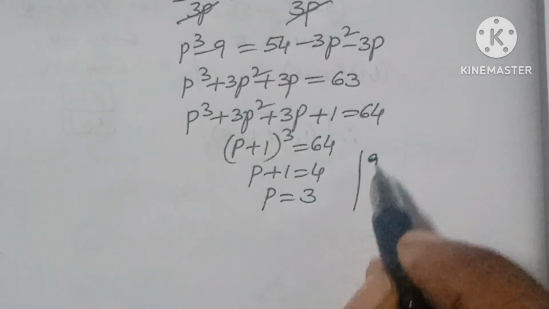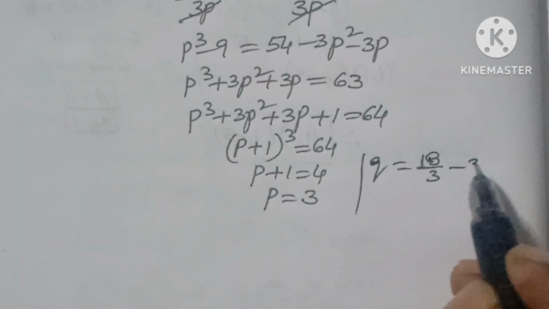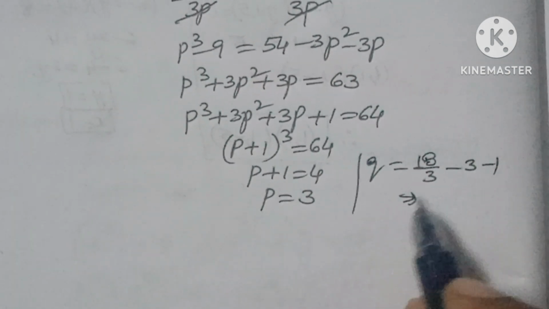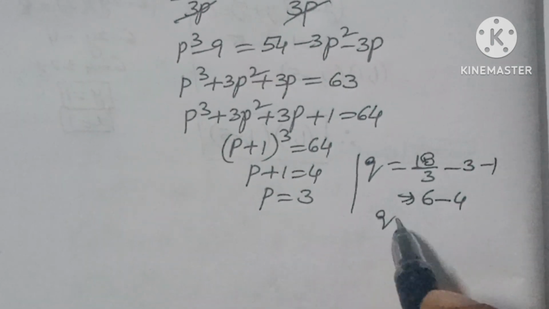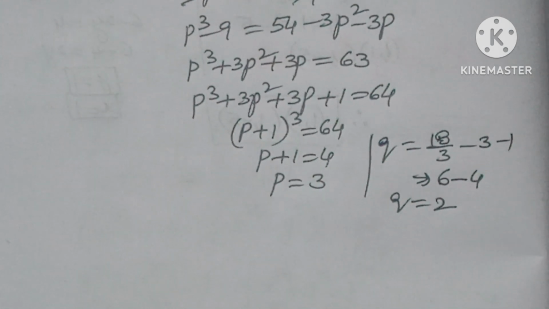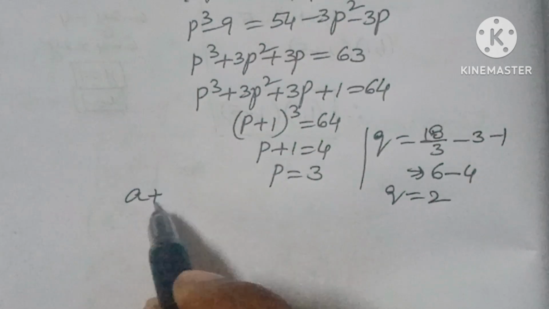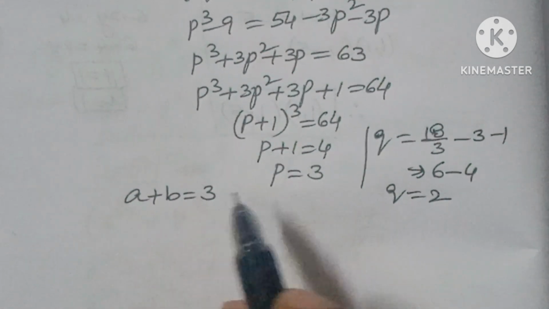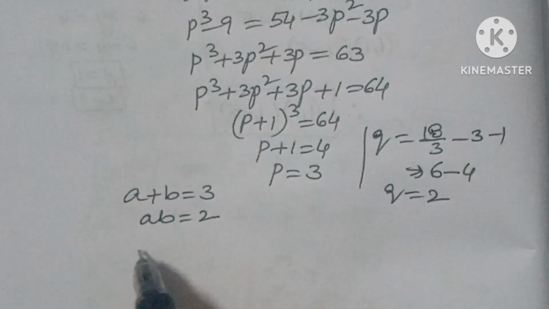Then what about the Q value? 18 by 3 minus 3 minus 1, here 6 minus 4, so Q value is 2. So P value is 3 and Q value is 2. What is P? a + b = 3 and ab = 2.